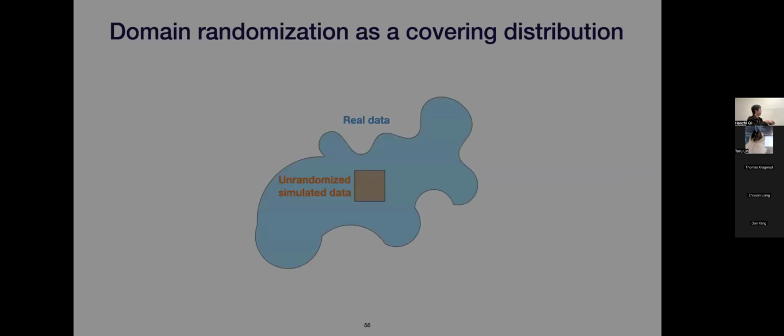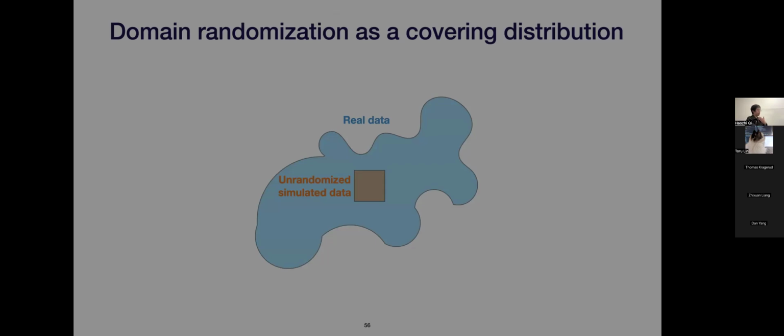Taking it visually, if you have non-randomized simulation data, it covers a little bit of the distribution, but the real-world distribution is much larger than that. Sometimes even your uncalibrated models have no overlap with the real-world data.